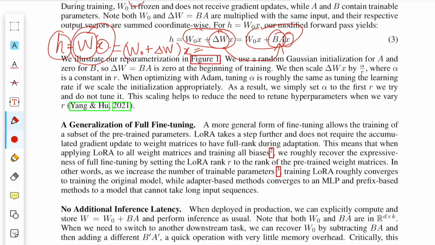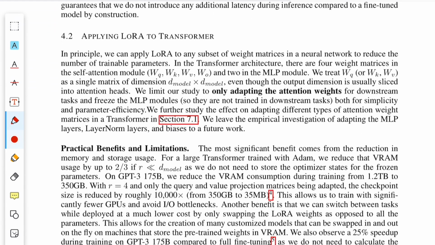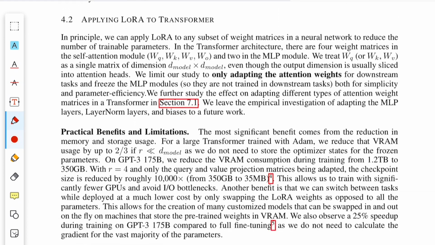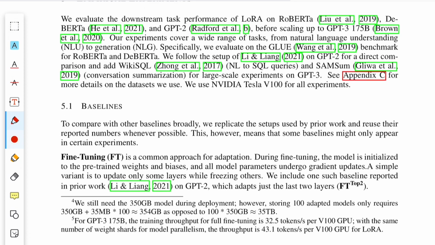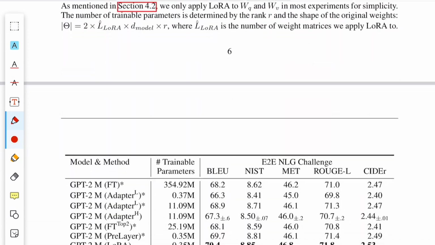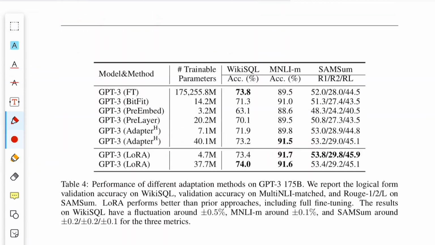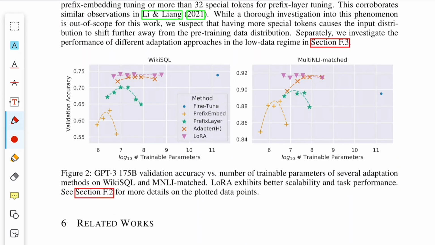Okay, this is the paper. There are a lot of empirical experiments. Let's jump into the last diagram.